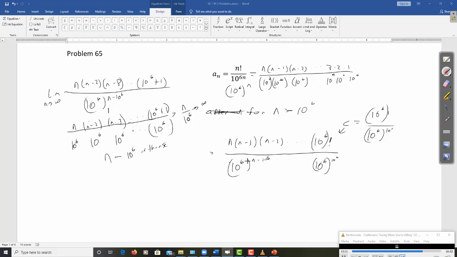So, because this part goes to infinity and this part goes to a constant, they both go to infinity. Infinity times a constant is still infinite.